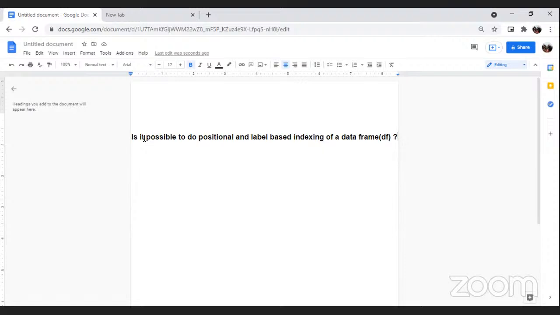So the next question is about positional and label based indexing. First, give me an answer. Is that possible or not?